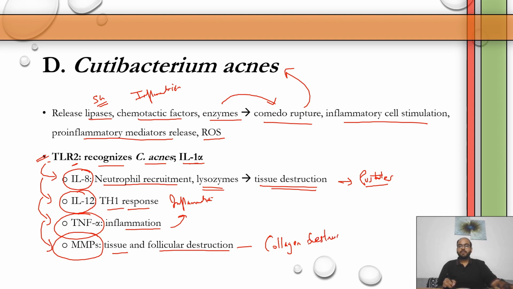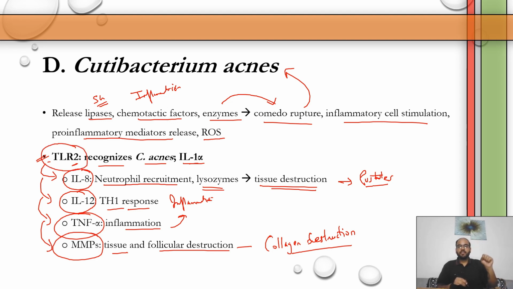And what is the major protein in our dermis? It is collagen. So when collagen destruction happens, you are essentially destroying the dermis. And whenever there's dermal destruction, there is more scarring, there is more inflammation. And that is why the activation of MMPs leads to severe acne. And that is all because of toll-like receptor 2.